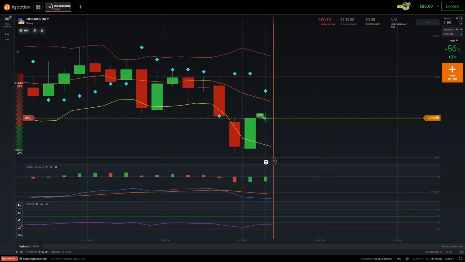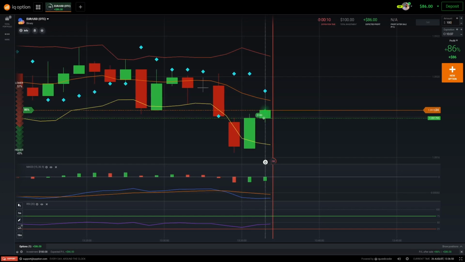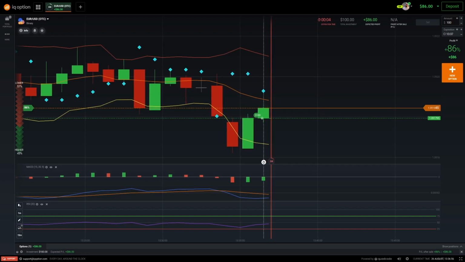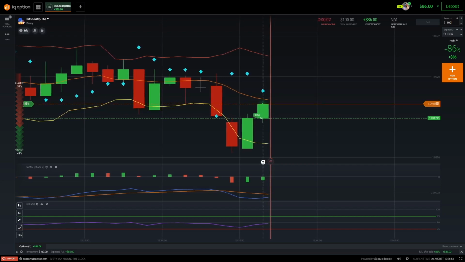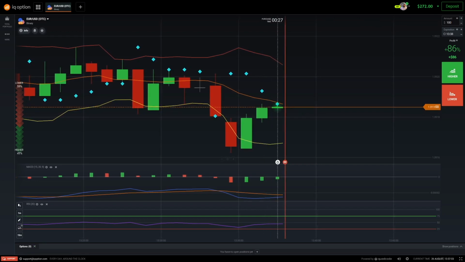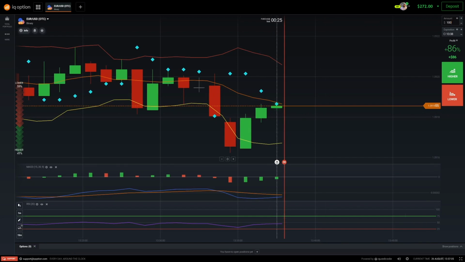So for example, here I'm opening at the 0 level, and I'm opening a long position, predicting that this one is going to be a green candle. And as you can see, really, this one was a green candle. Right now we are at $200.